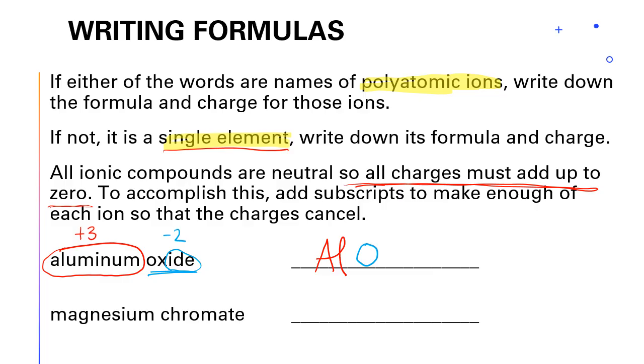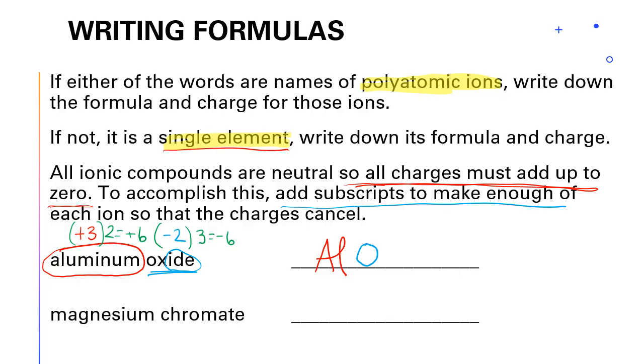So now we're going to add subscripts to make enough of each ion so that the charges cancel. So I've got a -2 for the oxygen. If I multiply that by 3, that gives me -6. And I've got a +3 for the aluminum, so if I multiply that by 2, that gives me +6, so that I'll have the charges canceling out.